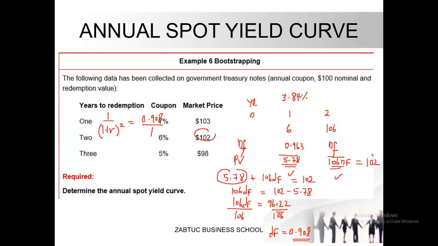Make your life easy, take this to the top. So we've got 1 plus r to the power 2 equals 1 over 0.908. So let's go. What answer do you have?